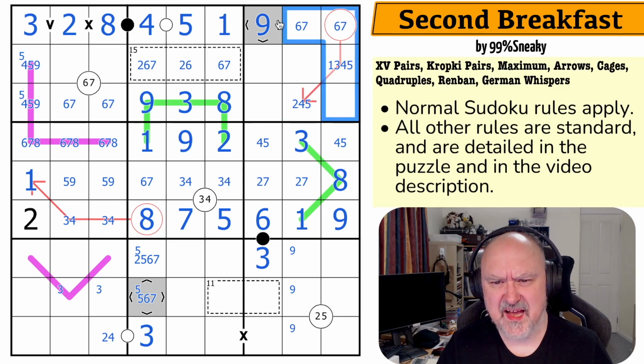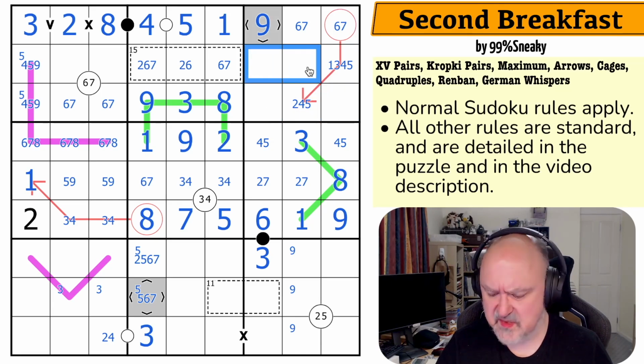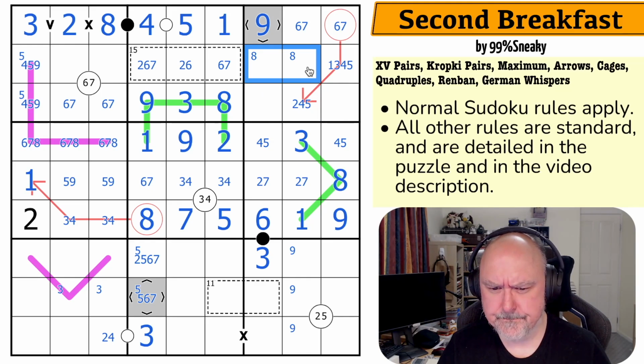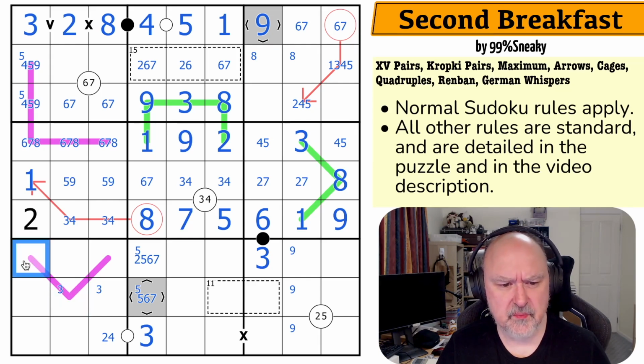So where's the 8 in here? The 8 is in one of those two. That doesn't feel like it, does it? If this is a 3, it couldn't be 1, 2, 3 because that couldn't be 1 or 2. I'd need to put a 4 in one of those two.